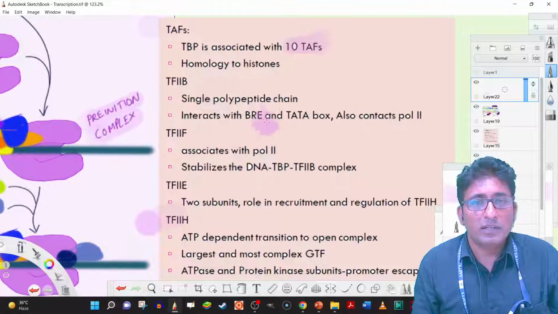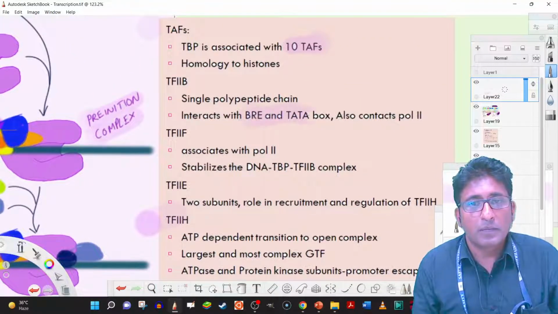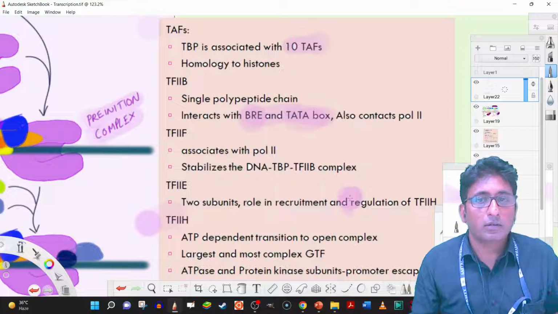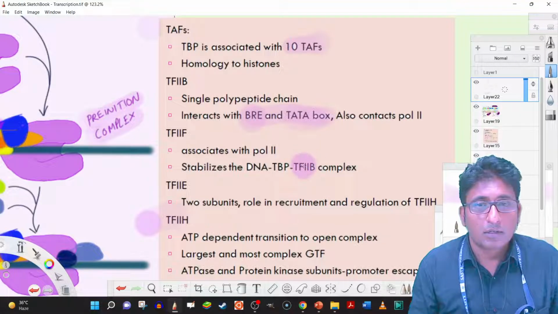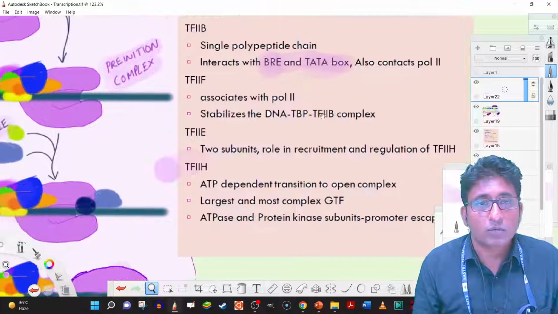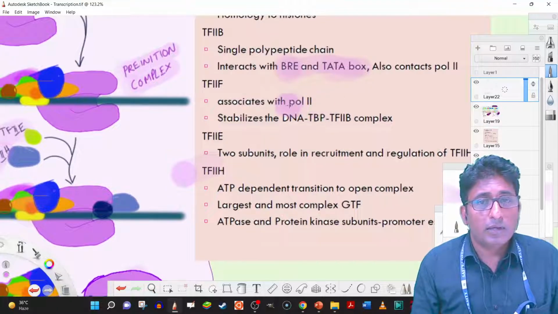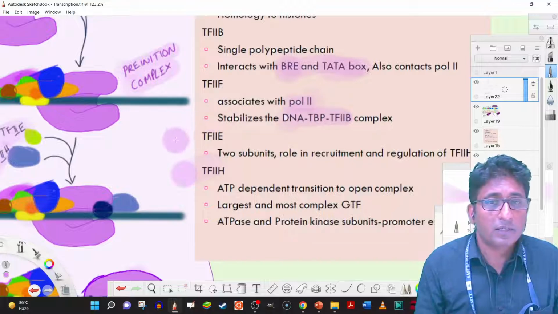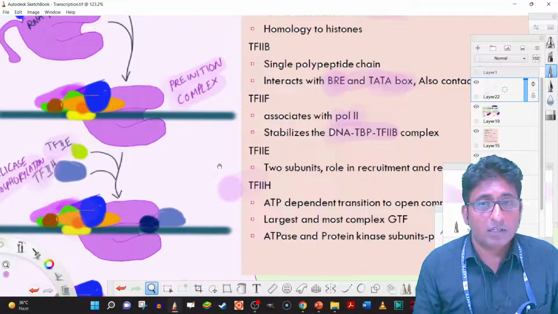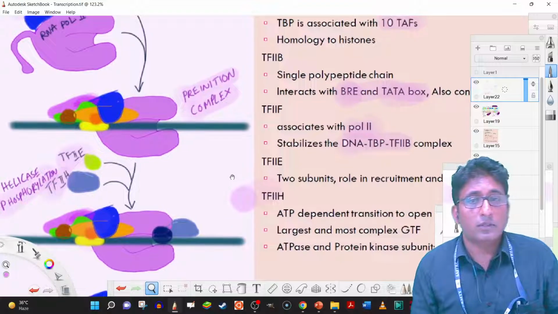It interacts with BRE, the TFIIB recognition element, and the TATA box, and also can contact the RNA polymerase 2. TFIIF associates with polymerase 2, and its important function is to stabilize TBP, DNA, and TFIIB.